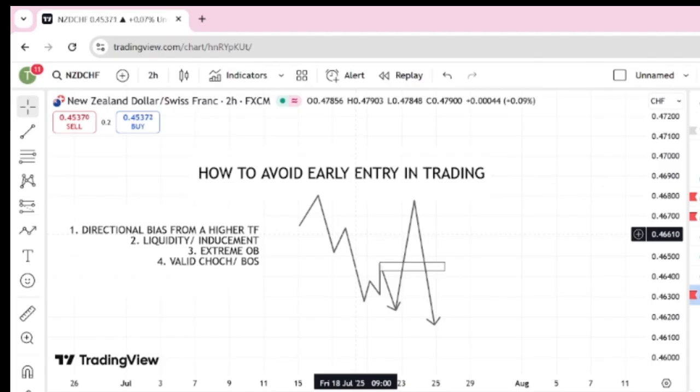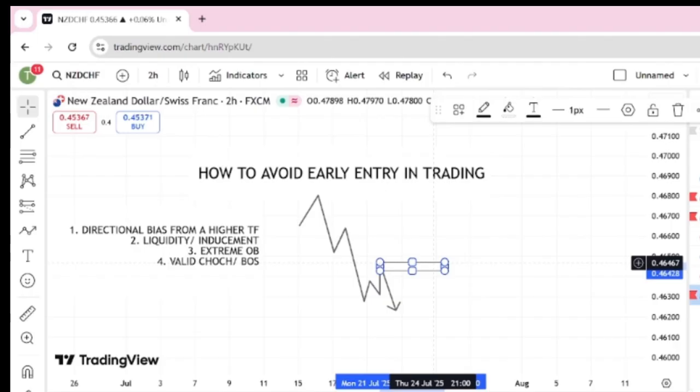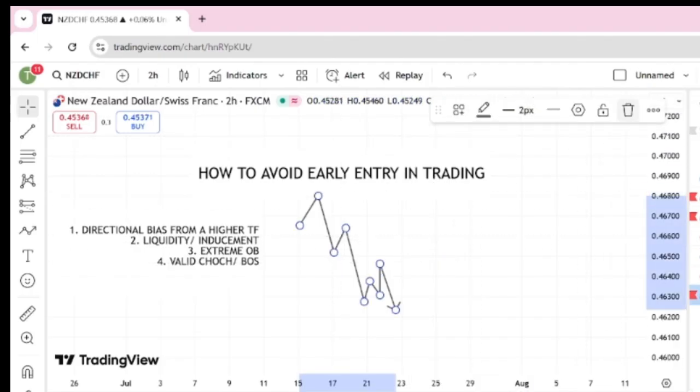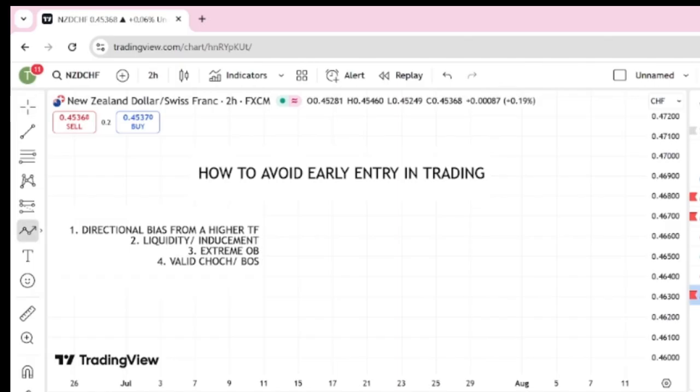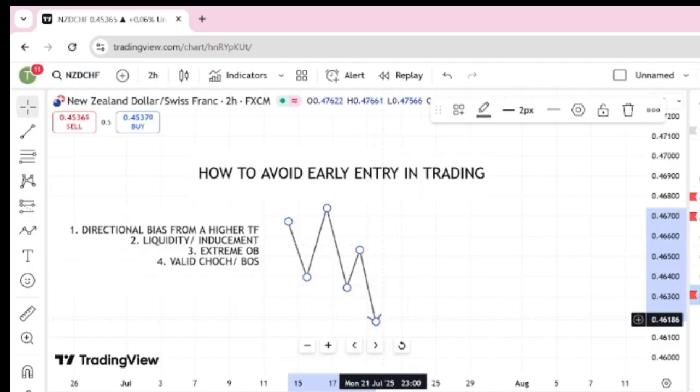Now another mistake some traders make in this scenario, let me give you another example. Let's look at another example here. You have this price action, and price takes out this low, giving you this inducement, and price continues to the downside.